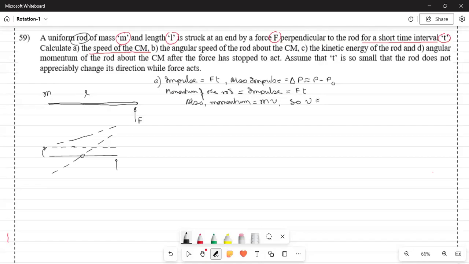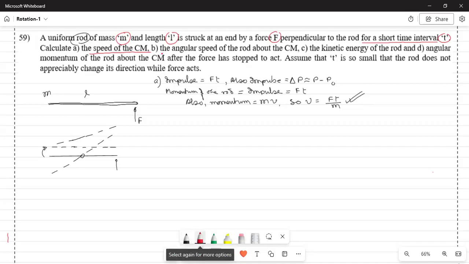V is equal to momentum divided by m, and momentum is equal to impulse. So V is equal to Ft by m. This is the answer for you. See, the deduction of the problem is very, very simple, but you have to understand the problem and attack it in the right direction.